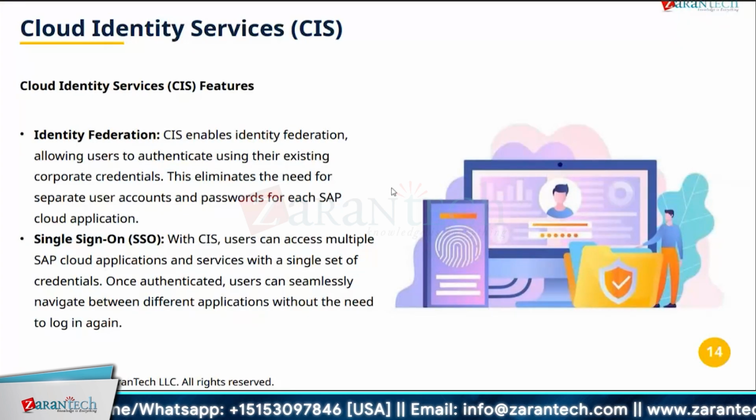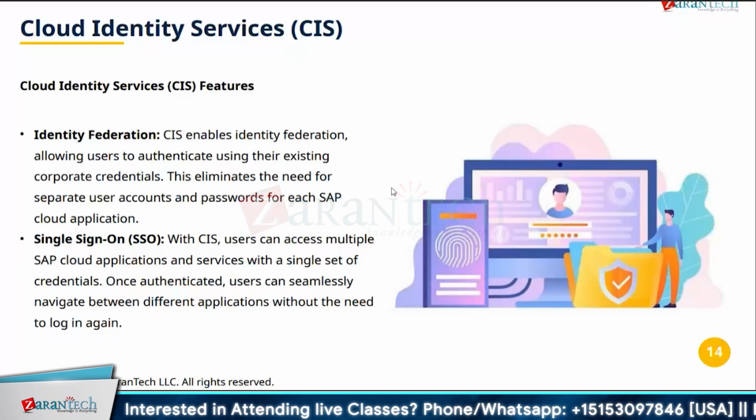And all the roles and authorizations which a user has in Ariba might be different than what he has in BTP. So in BTP, he might only have display access, but in Ariba, he might have some admin related access, which he is a SME of. So how to relate his BTP identity to the Ariba identity is something which we would need to establish at the time of identity federation configuration.